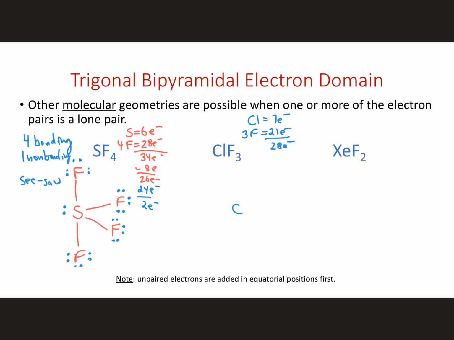I'm going to place the chlorine in the center and assign my 3 fluorines. So there are 6 electrons I just assigned, 22 electrons remaining. I'm going to fill the octet of the fluorines: 1, 2, 3, 4, 5, 6, 7, 8, 9, 10, 11, 12, 13, 14, 15, 16, 17, 18.